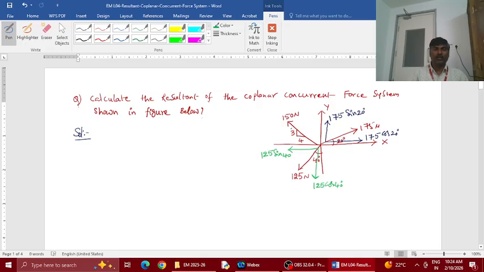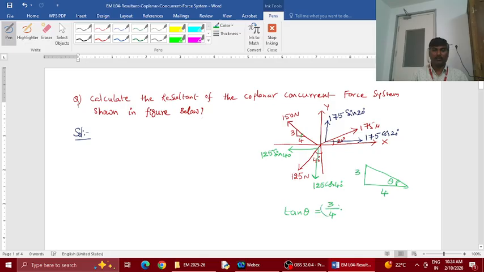Now to resolve 150, you need to calculate the angle here. The given slope is like this: 3 vertical, 4 horizontal. Let us say this is theta. From the trigonometric function, tan theta is opposite side 3 over adjacent side 4.